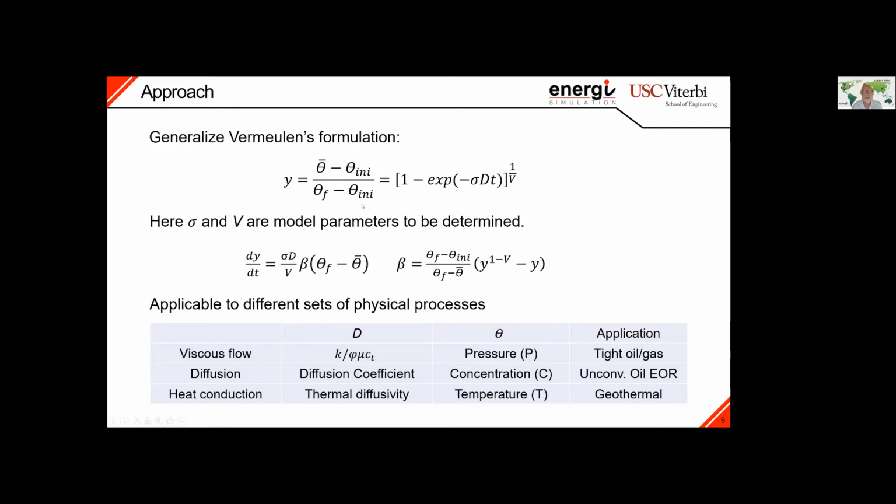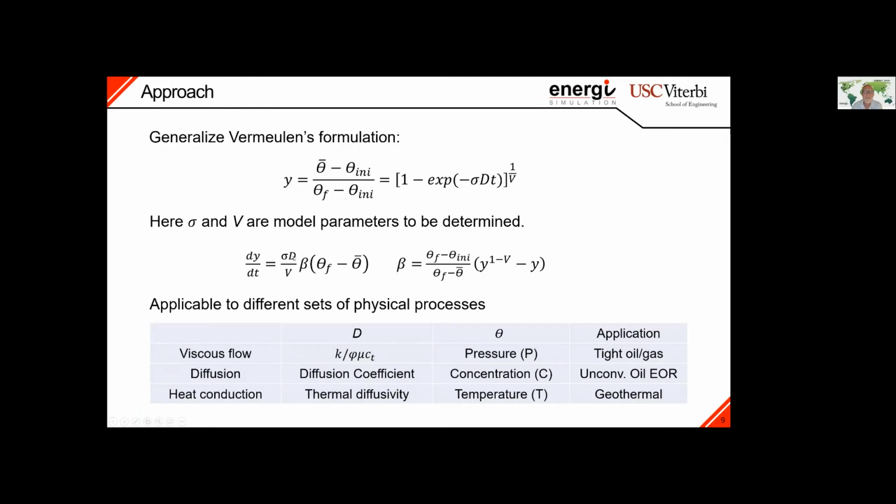But before we even start talking about this, we can rewrite the change in the normalized average. Again, we differentiate this with respect to time and eliminate time itself. We can find that change in time of the average quantity, which is our transfer function, based on our inverse of characteristic time and model parameter v.